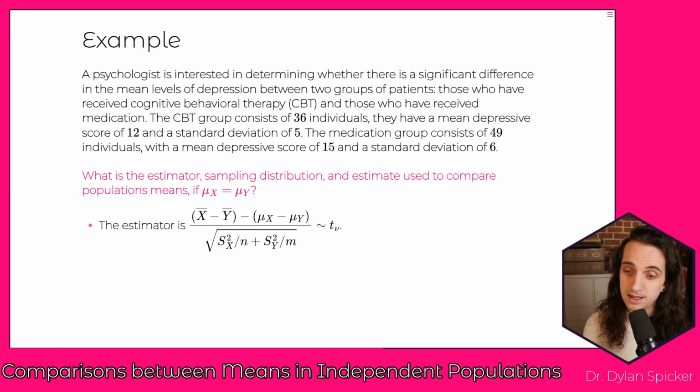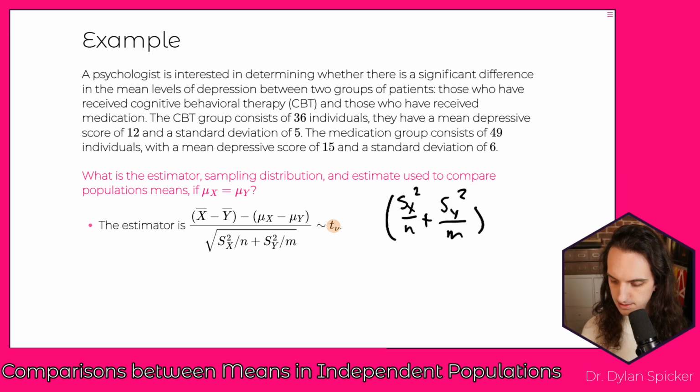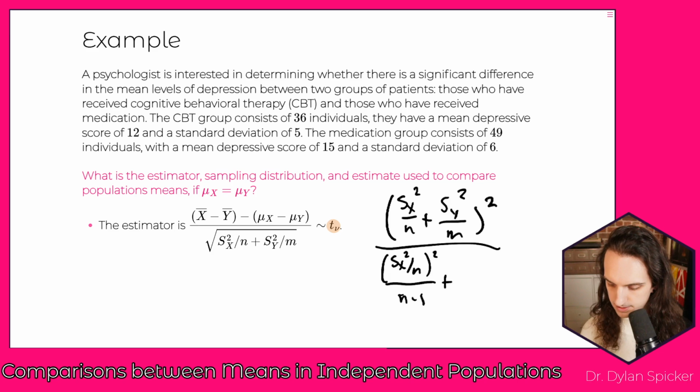Okay, so what are we going to do in this case? Well, it's going to look basically the same, except instead of us having a normal 0, 1 here, we're going to have a t-distribution with nu degrees of freedom. And so how are we going to calculate this? Well, remember that the number of degrees of freedom is going to follow that very ugly looking formula, where we have something like sx squared over n plus sy squared over m, squared, divide that by sx squared over n, squared, over n minus 1, plus sy squared over m, squared, over m minus 1.